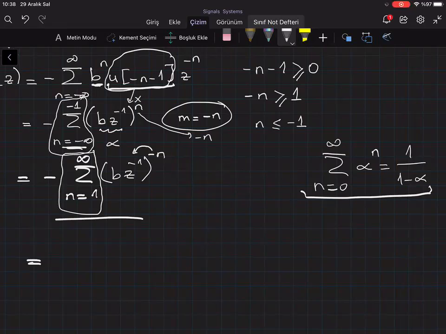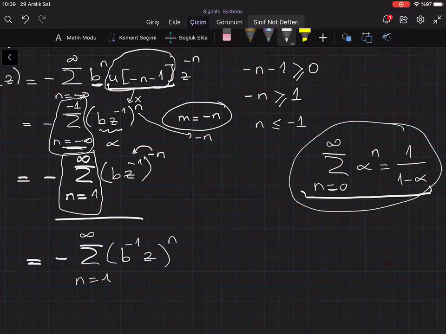Alper, sana soracağım şimdi. Now I'm writing it -n. N is equal to from 1 to infinity. B to the power -1, z to the power n. Why am I doing this? Because I need something like this one. Alpha to the power n, because I know the result of that infinite sum. It is 1 over 1 minus alpha. That's why I'm changing this -n stuff into n.